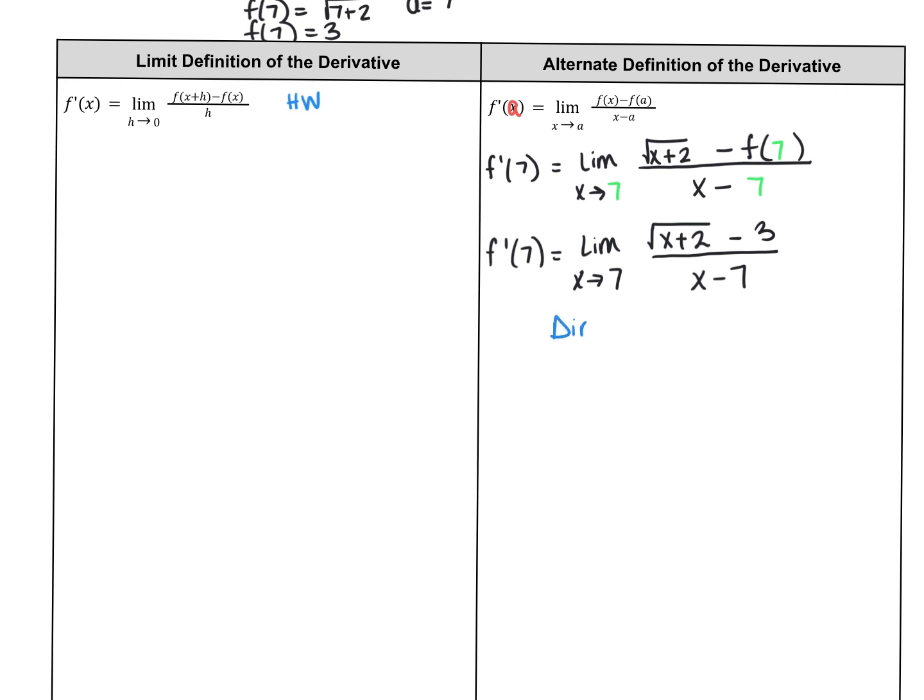So direct sub, we put in 7. And trust my math again that we get 0 over 0, which means there's a hole. So the only way to evaluate this limit is going to be factoring, conjugates, or common denominators. I'm just rewriting it.